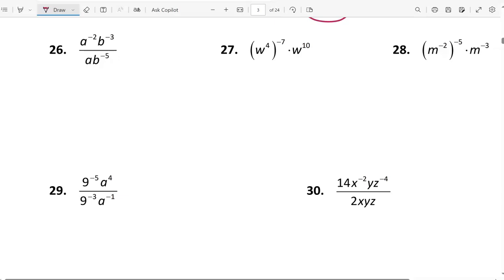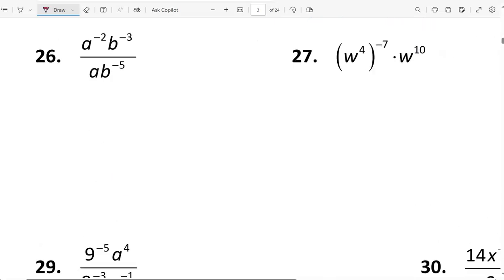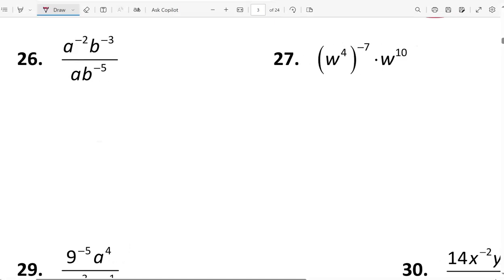For number 26, we have multiple factors here, so what I'm going to do is change the location of any factors that have negative exponents. So I'm going to leave that factor of a to the positive 1 in the denominator, but move all the other factors. The a to the negative 2 in the numerator can move to the denominator and become a factor of a to the positive 2.